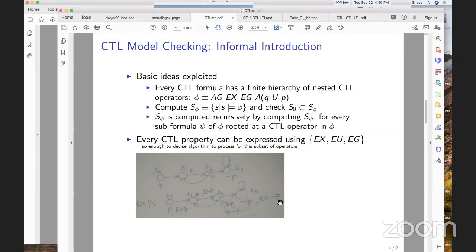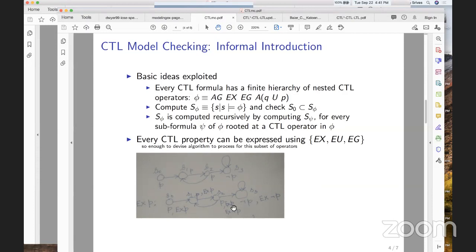I've also shown this for EX of not of P. You do that by doing the same analysis over states which have the label not of P. S3 is the only state in which not of P is true. So you label all its predecessors. This is an iterative process: once the predecessors are done, you'd have to do that for their predecessors until you can no longer add labels.